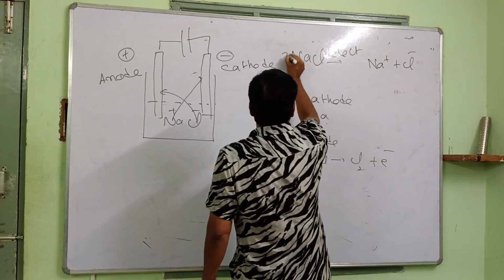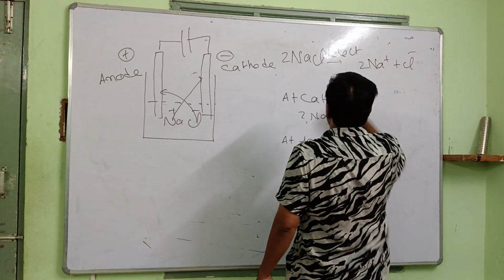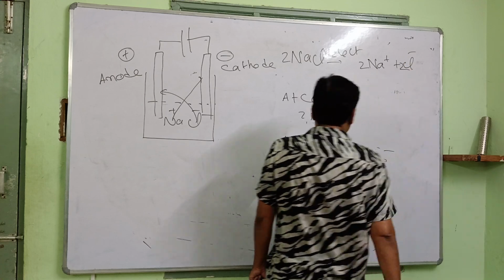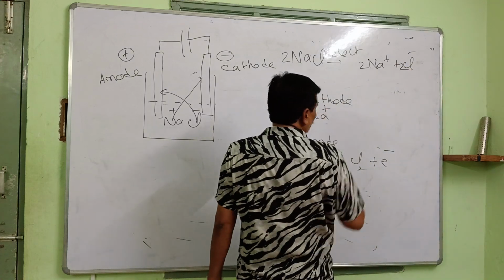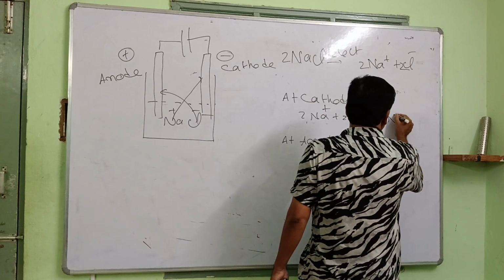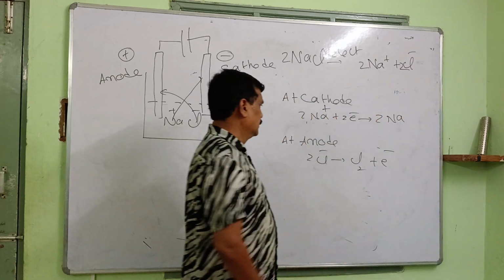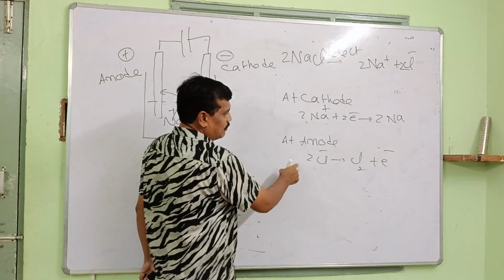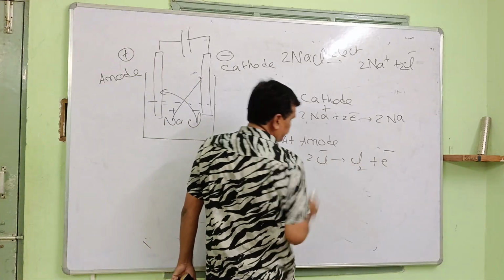Generally, 2 NaCl splits into 2 Na plus and 2 Cl minus. At the cathode, 2 Na plus, by gaining 2 electrons, is converted into sodium. At the anode, 2 Cl minus gives rise to Cl2 plus 2e minus.